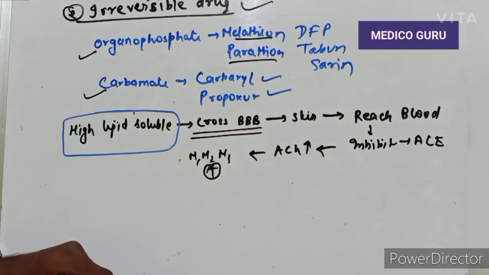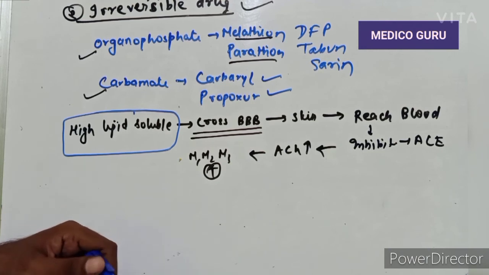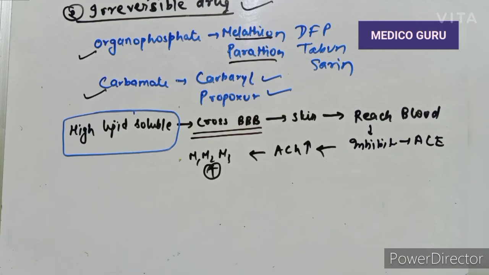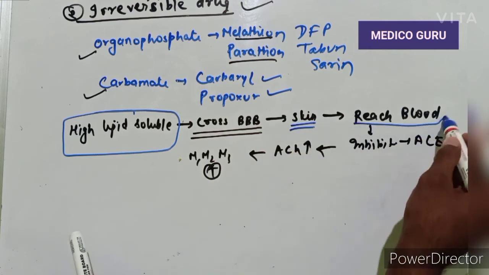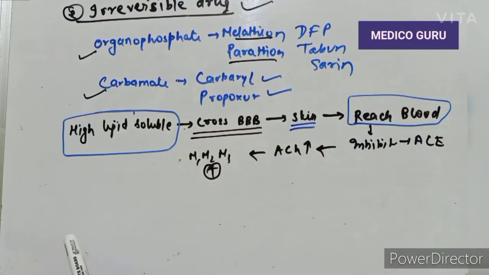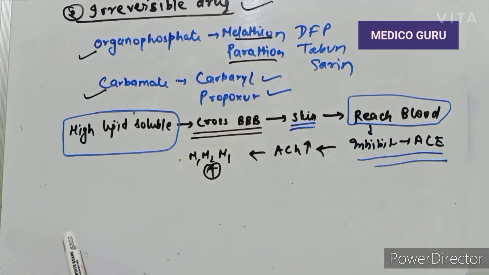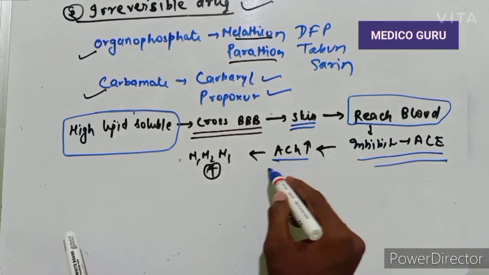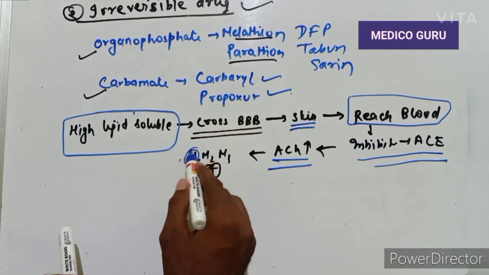When a farmer uses insecticide, it can attach to the skin and reach the blood. When it reaches the blood, it inhibits acetylcholinesterase. By inhibiting acetylcholinesterase, it increases acetylcholine, which will stimulate the M1, M2 and M3 receptors.